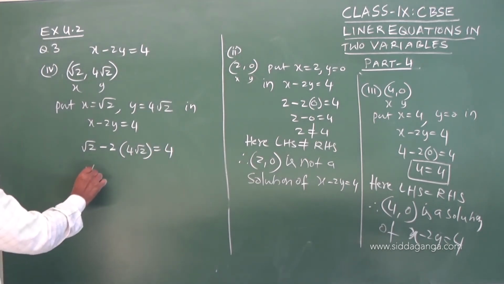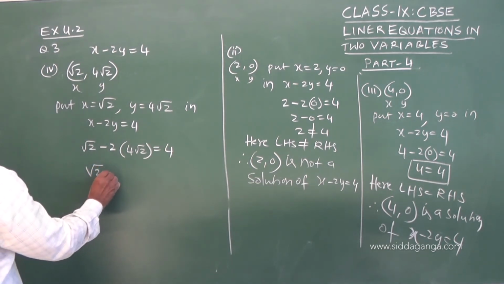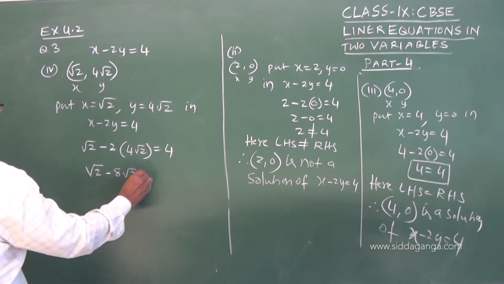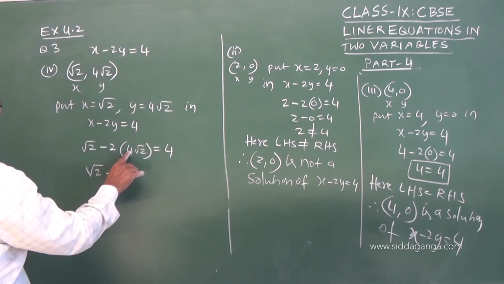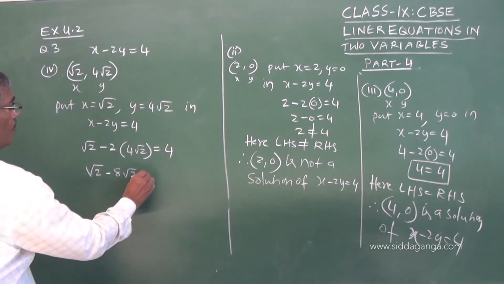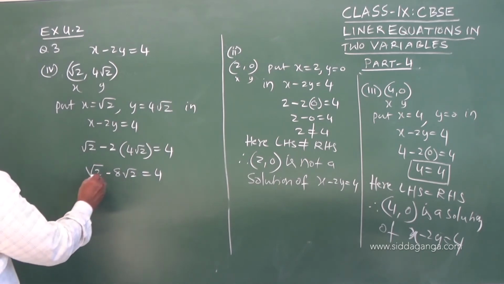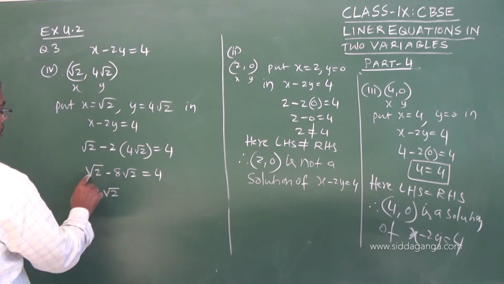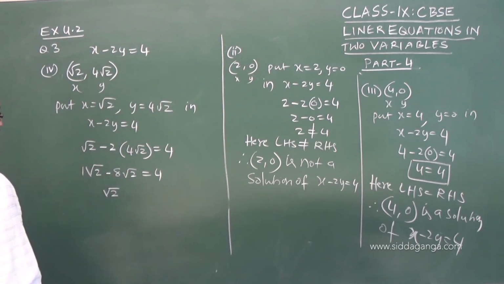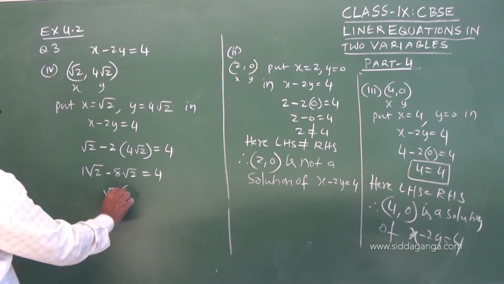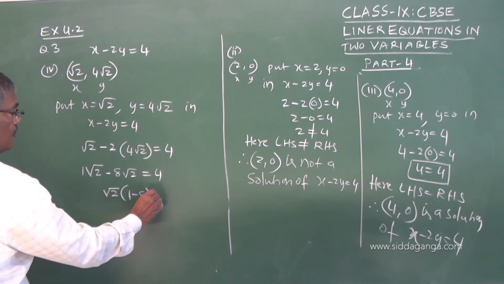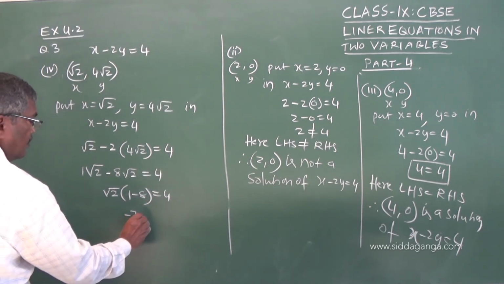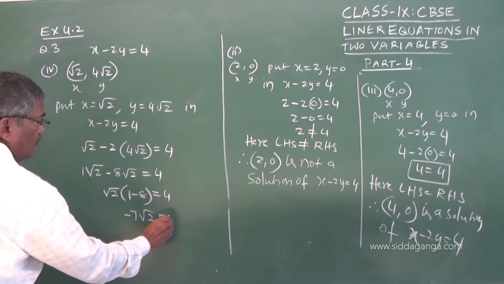Now this is root 2 minus 2 into 4, that is 8 root 2, equals 4. You can take root 2 outside, so you get root 2 into (1 minus 8) equals 4. So 1 minus 8 is minus 7, giving minus 7 root 2 equals 4.